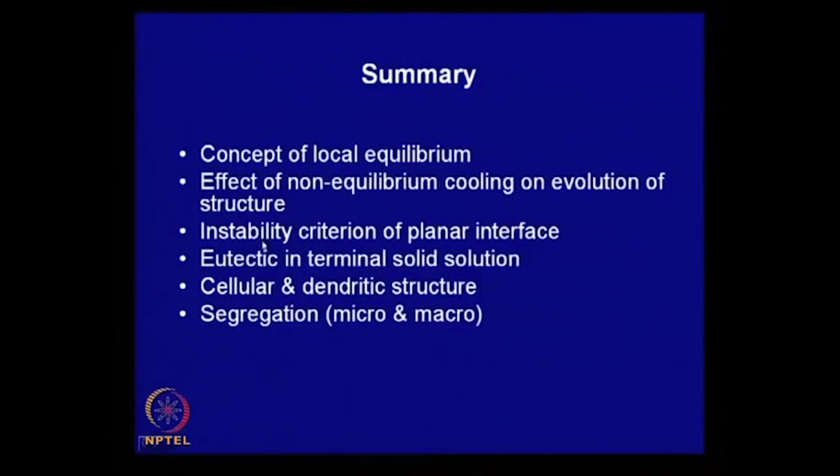We also looked at the instability criteria for a planar interface, why we get eutectic in a terminal solid solution, and the difference between cellular and dendritic structures and when they form. We also talked about segregation, both micro and macro segregation, and in subsequent lectures maybe we will be using some of these concepts and applying them.